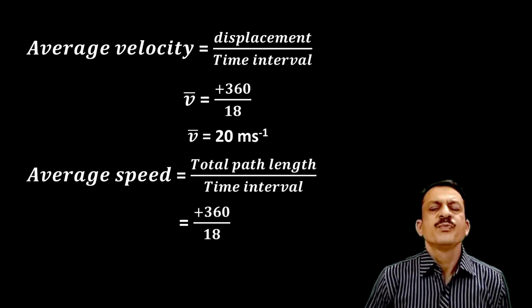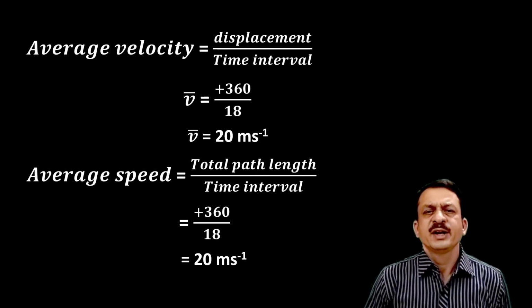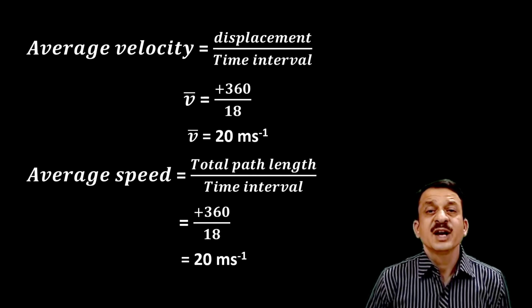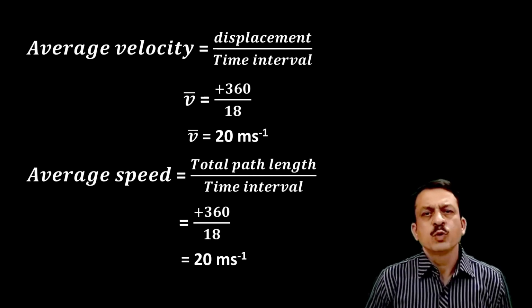So that is plus 360 once again divided by 18, which is equal to 20 meter per second. So in the first case, the car moving from O to P has average velocity 20 meter per second and average speed 20 meter per second. Here both are equal. Average velocity and average speed are equal because the car is moving in the same direction. Clear? Now we move on to the second case.